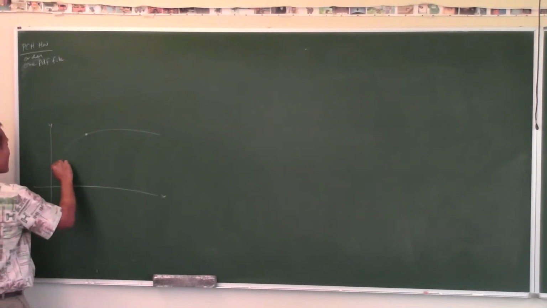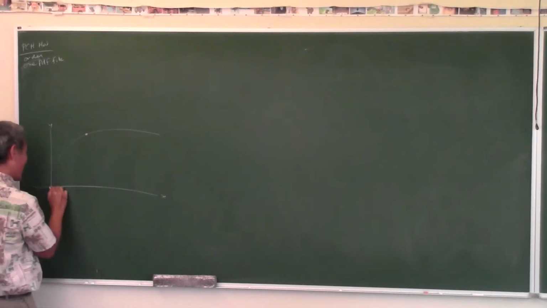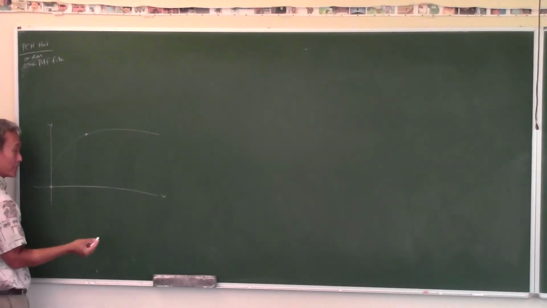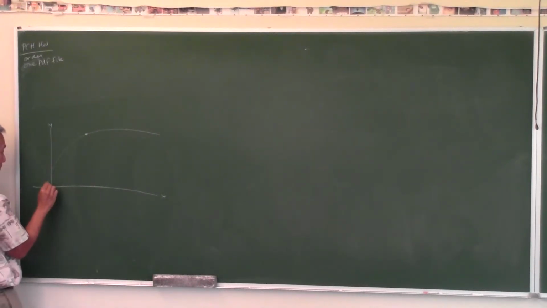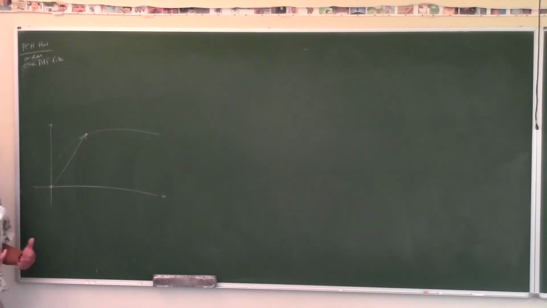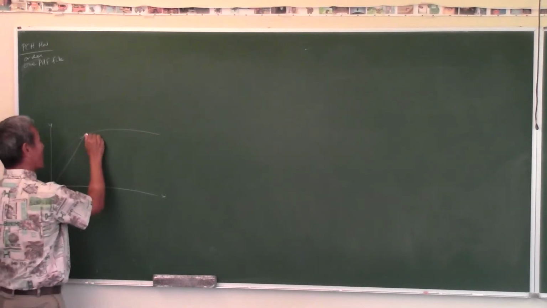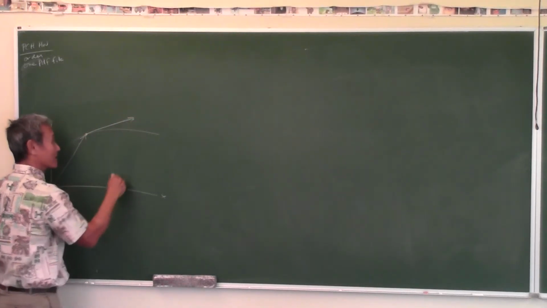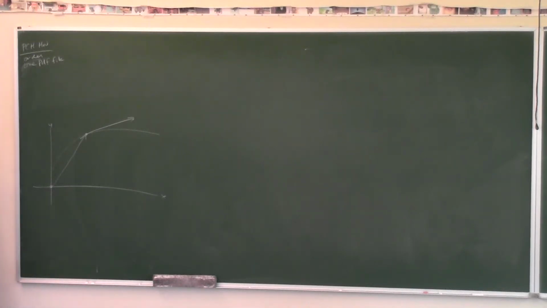Say a particle is traveling on a curve. You can think of the position vector as a vector that goes from the origin to that point. Now what about the velocity vector? The velocity vector is always going to be tangent to the curve. Doesn't that make sense? Because it's the derivative.